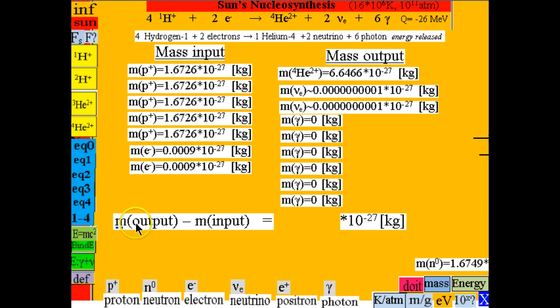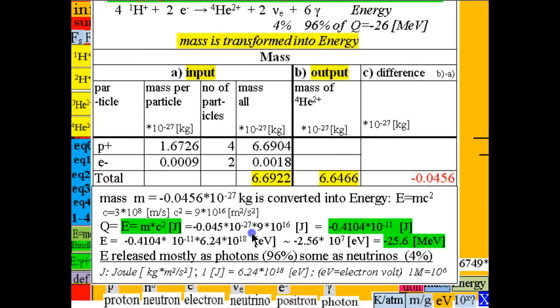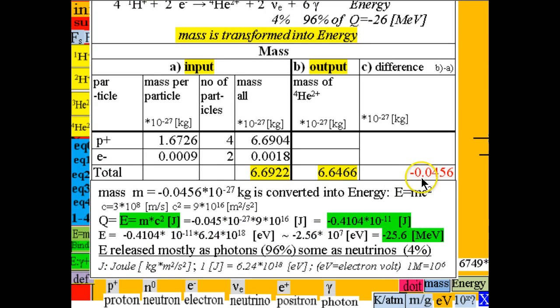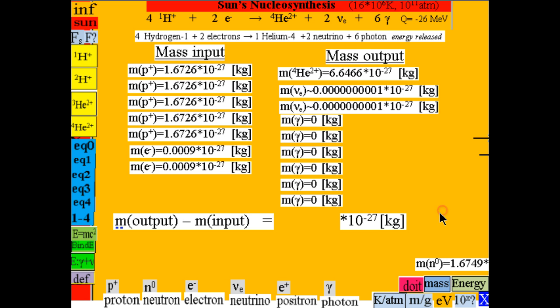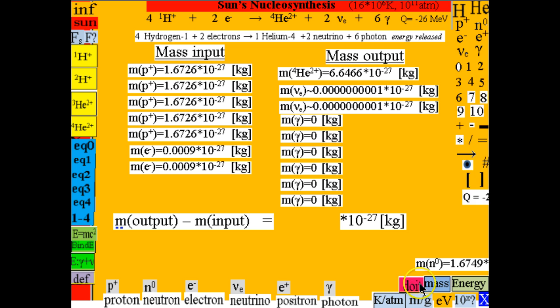You can also double left click on this button and the calculation is shown to you, and the difference is minus 0.0456. We double left click the do it button and we put in 0.0456.